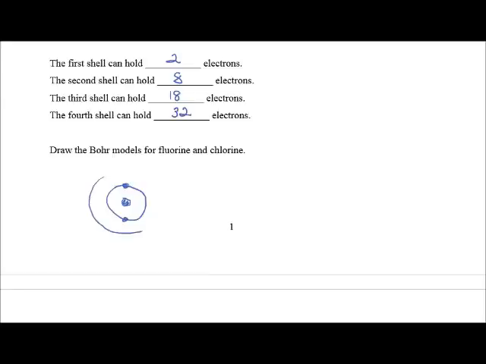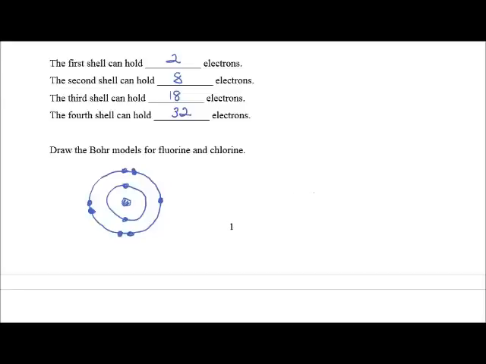We need to distribute 9, so there's 7 left. And what we tend to do is to go around in a circle. There's 4 of the 7, and then 5, 6, 7. So that's the Bohr model for fluorine.